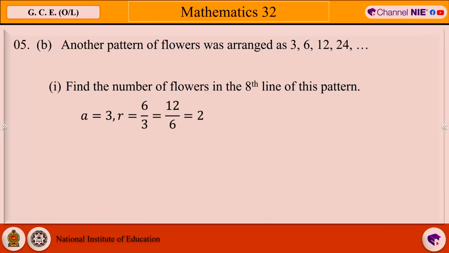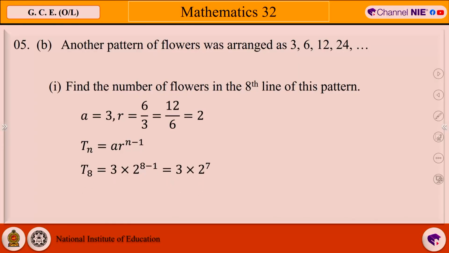If you do so, you will get the common ratio as 2. Right. We will see how to find the number of flowers in the 8th line. Yeah, we have to use the formula Tn equals A R to the n minus 1 in geometric progression.